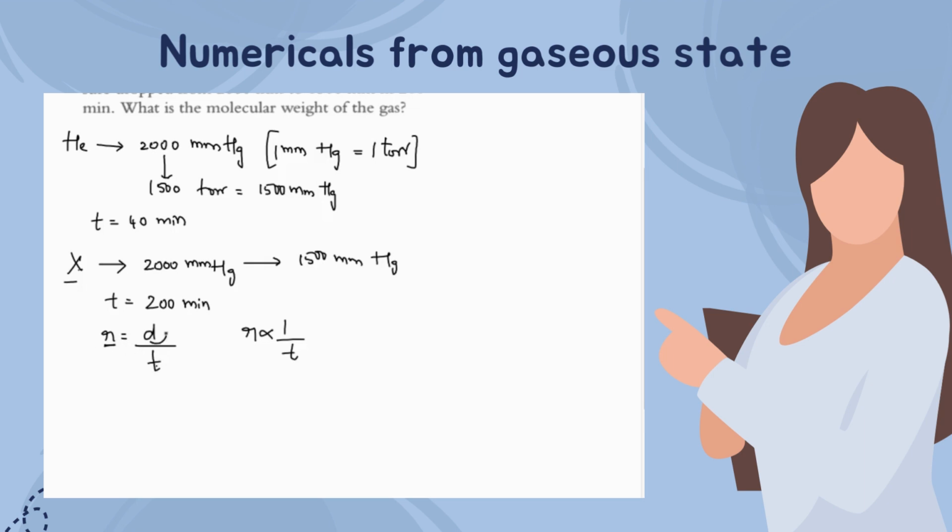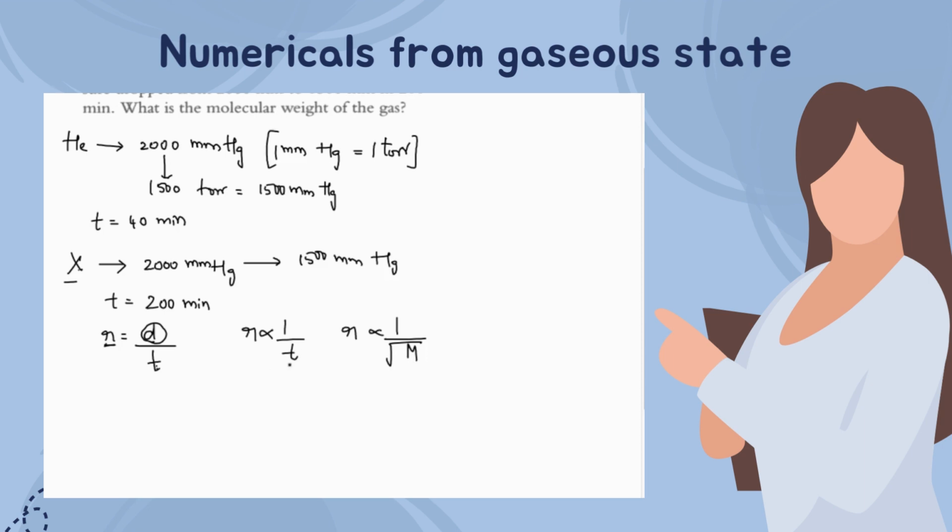If you keep distance constant, rate and time are inversely proportional. Similarly, rate is inversely proportional to the square root of the molecular mass. That means any gas with low mass can travel faster, and any gas with high mass travels slowly.